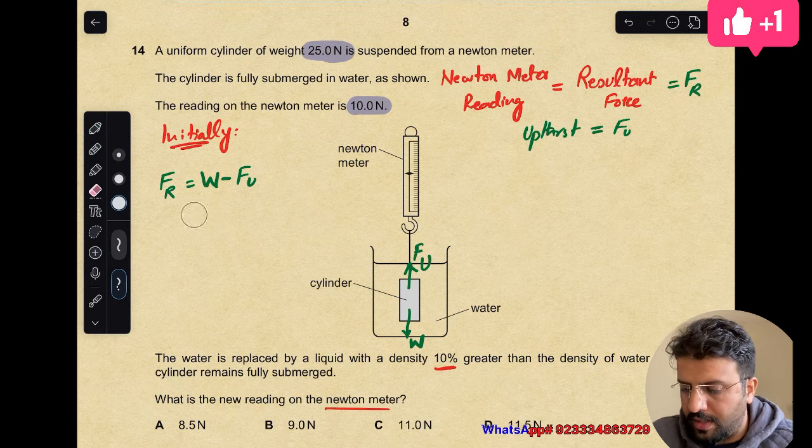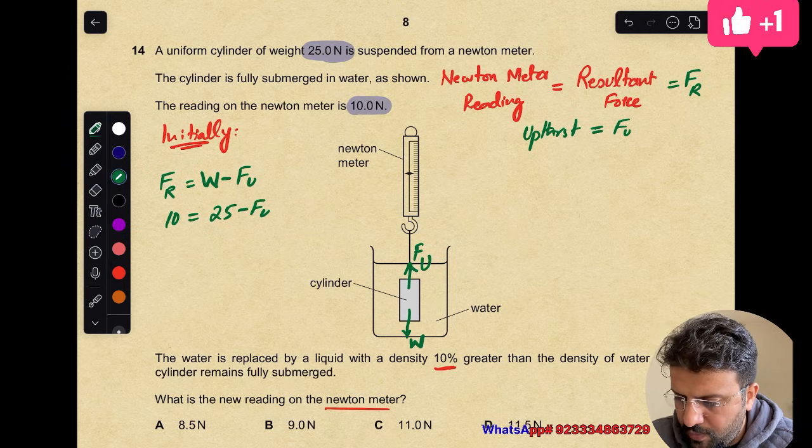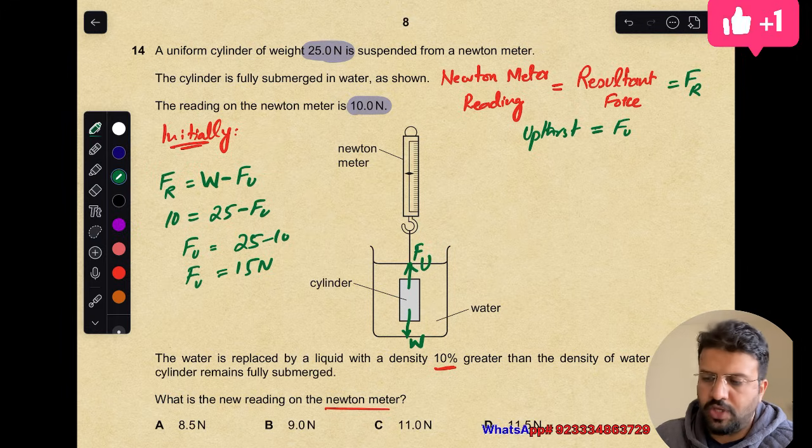So we have a Newton meter reading of 10, and weight is 25 minus FU. So FU is 25 minus 10, that is 15 Newton. This is the upthrust initially.